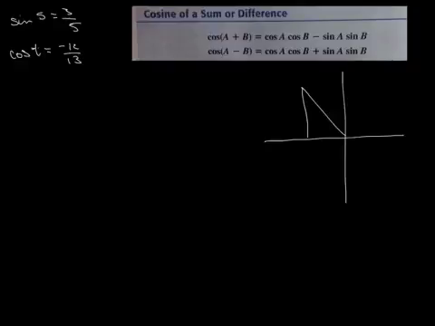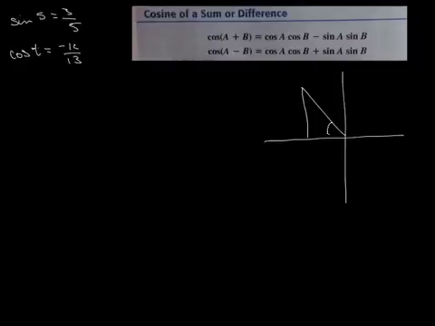Okay, last example, example 4. Suppose that sine of s is 3/5 and the cosine of t is negative 12 over 13, and both s and t are in quadrant 2. Alright, so that means we've got one triangle there.